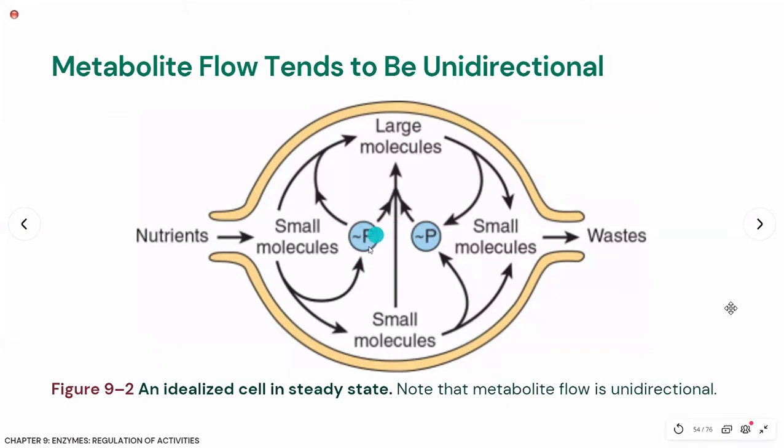So phosphorylation and dephosphorylation are two processes by which a compound can be active or inactive. Okay, so if you are going to control the metabolite flow, the flow of nutrients inside the cell, then you can control enzymatic reaction. If you have less substrate, then less products are formed.